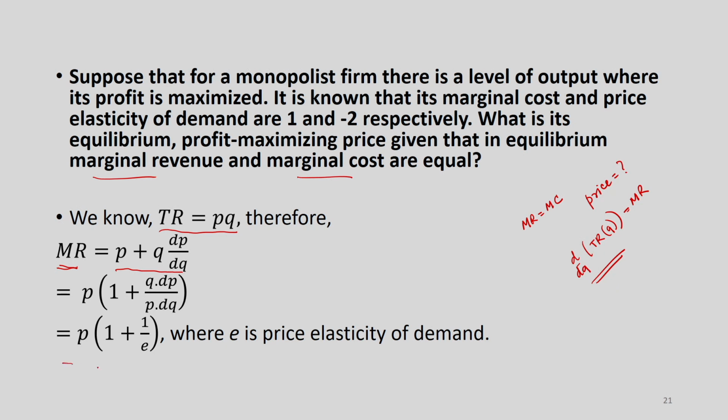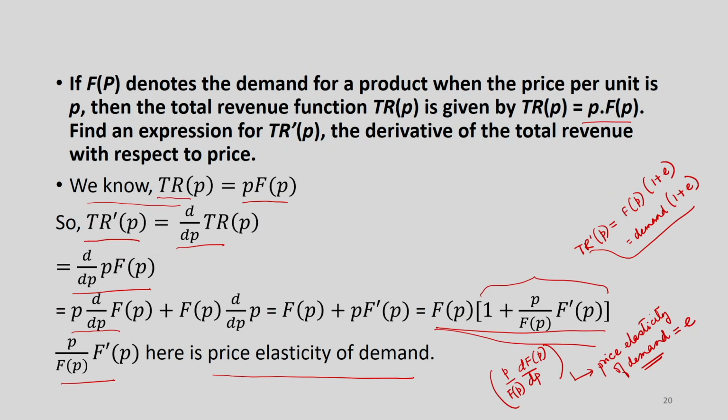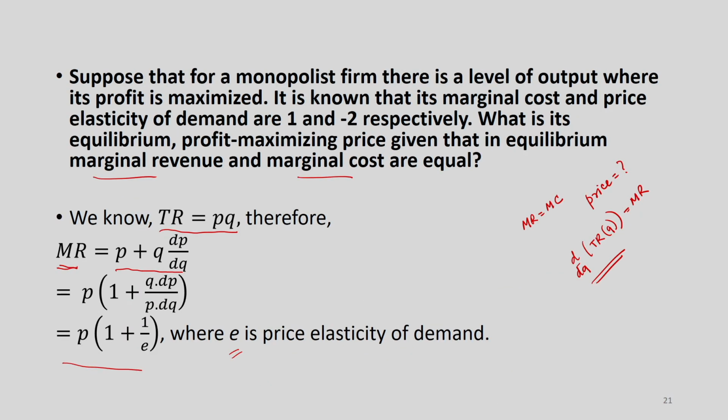and this can be written in terms of the elasticity, right. In the previous problem itself, we have seen that small e can be denoted as the price elasticity of demand, and small e is given by this expression, right. This is nothing but P divided by Q multiplied by dQ/dP, and here we are actually talking about the reciprocal of that e.